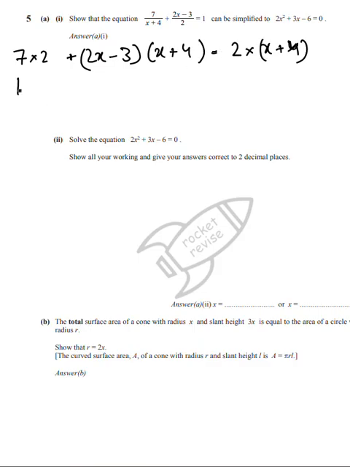Okay. 14 plus 2x squared plus 8x minus 3x minus 12 equals 2x plus 8.